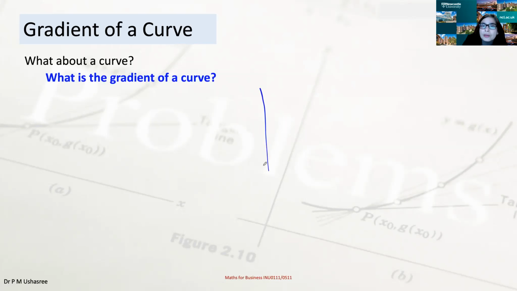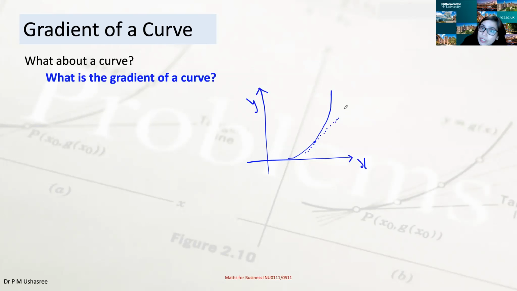So you have x-axis, you have y-axis. So if you have a curve, the slope at any point on this curve is given by drawing a tangent to the curve.